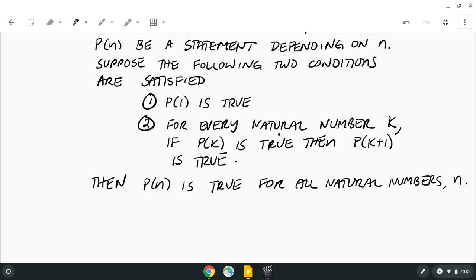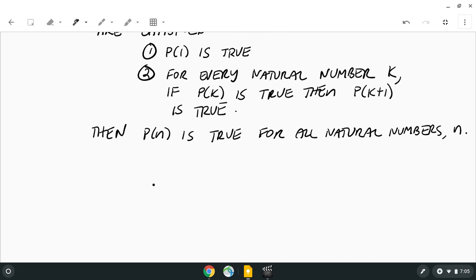So we first show that P of 1 is true, we assume it's true for k, and then we show it's true for P of k plus 1. If we can do these three things, then we have proven that it's true for all numbers n.